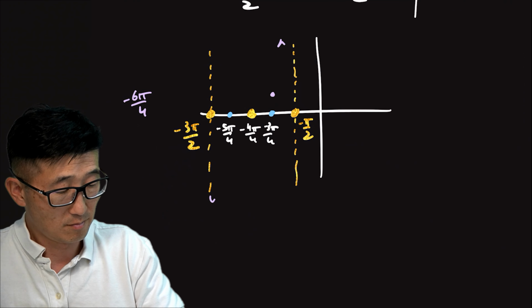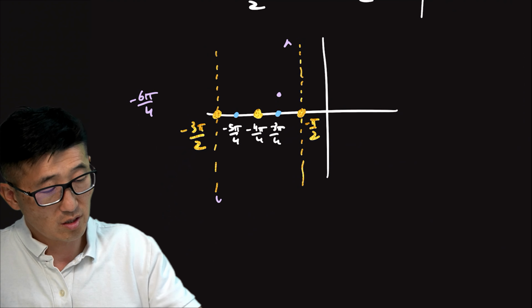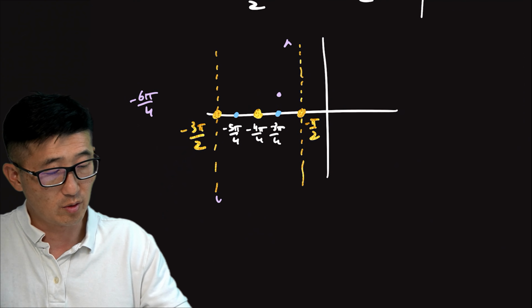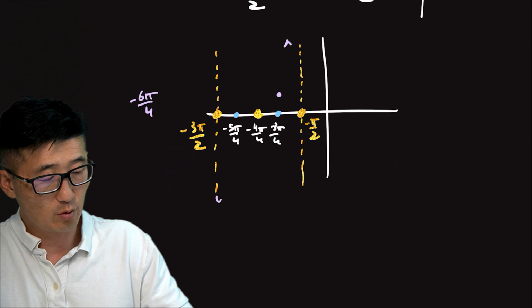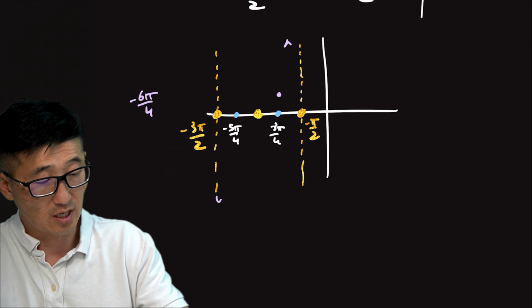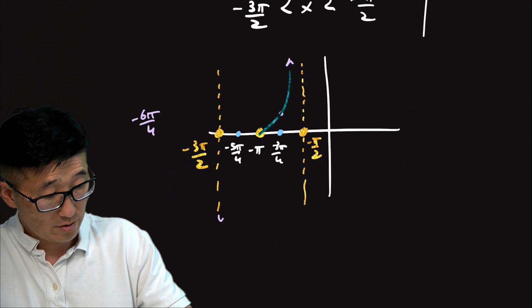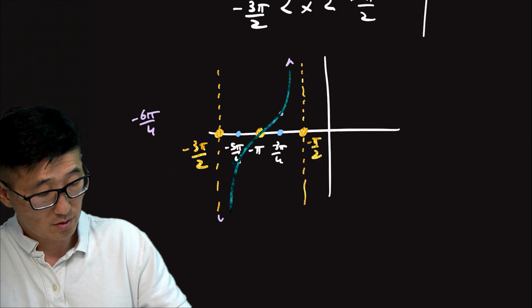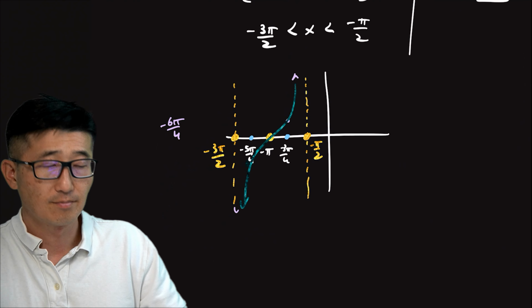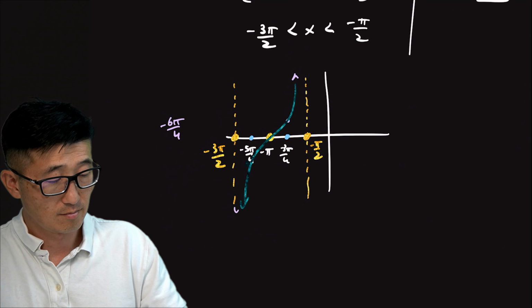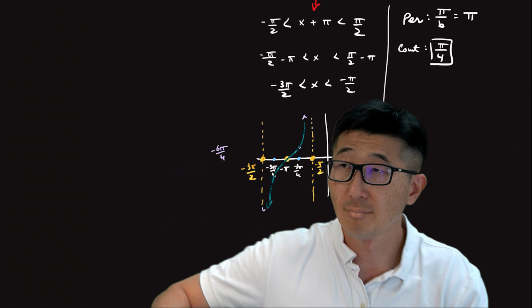Yes. I think you can reduce the middle one. Negative 4 pi over 4 will become negative pi, right? Okay. And there it is. So up 1 and then down 1.